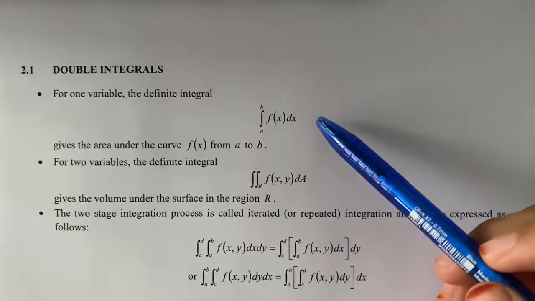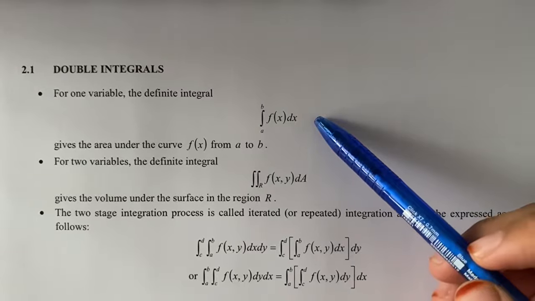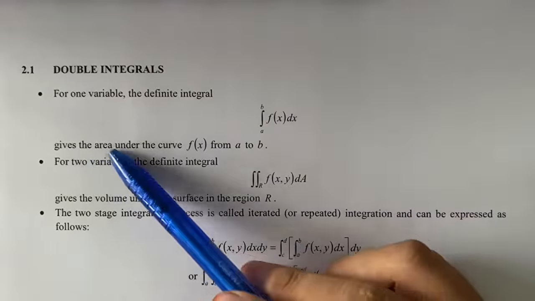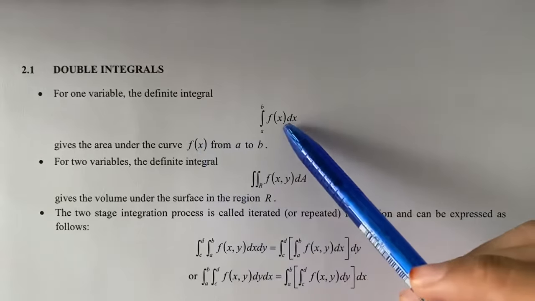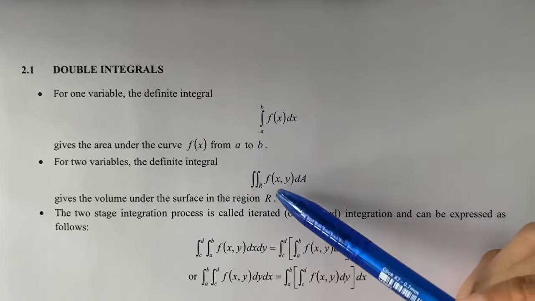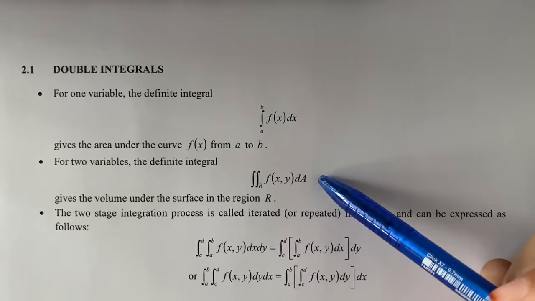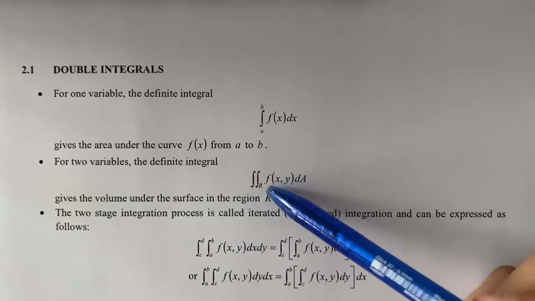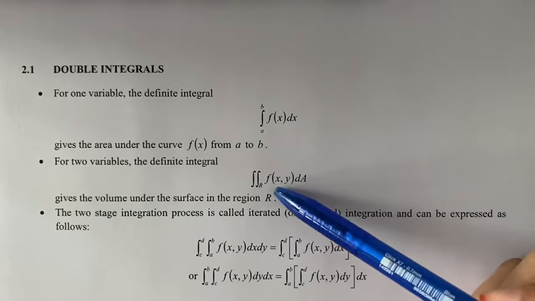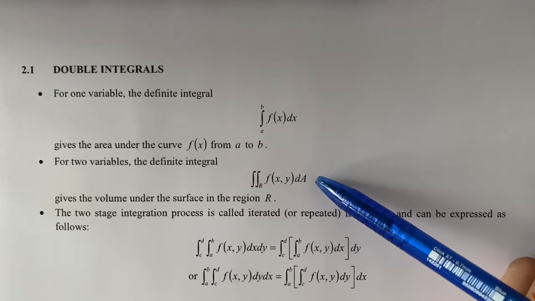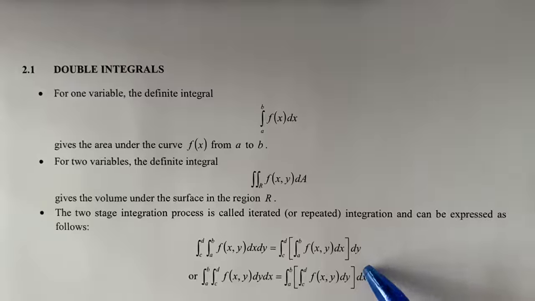I believe you have learned how to solve integration of single variable functions, and this gives the area under the curve. You have f(x) and the limits are from a to b. Now for two variables, you have double integration, which gives the volume under the surface in the region R. You have f(x,y) here, and you can integrate with respect to dx dy or dy dx as stated here.